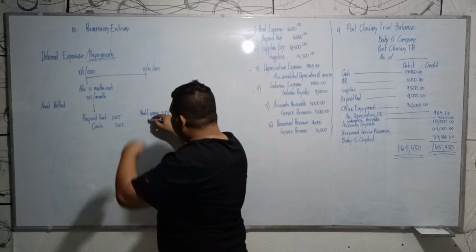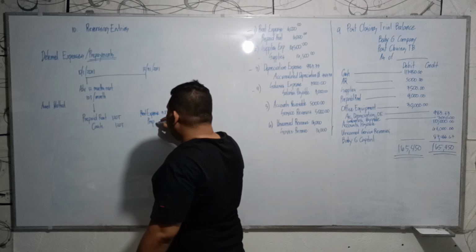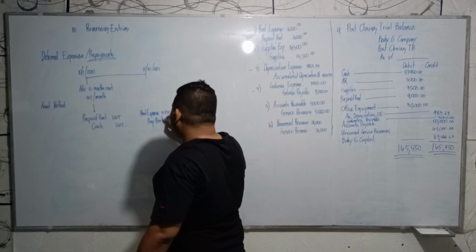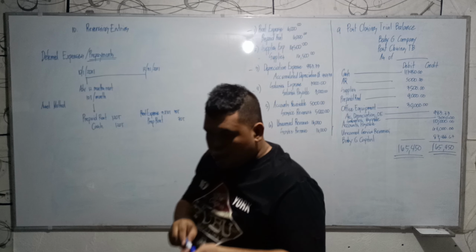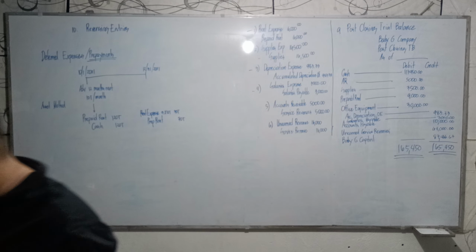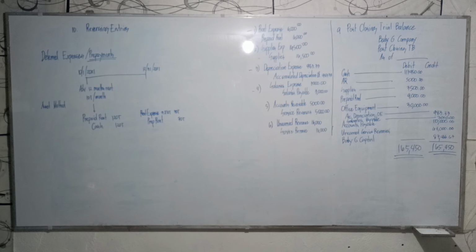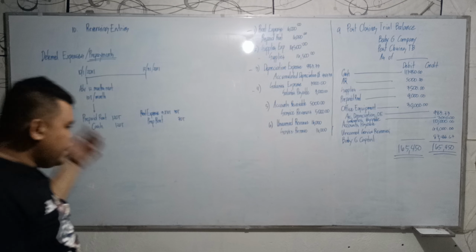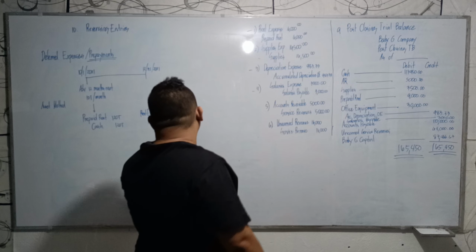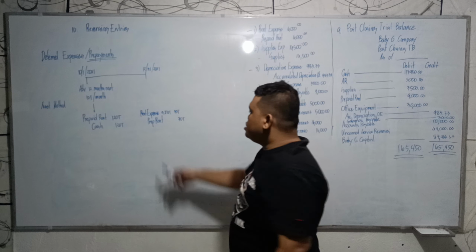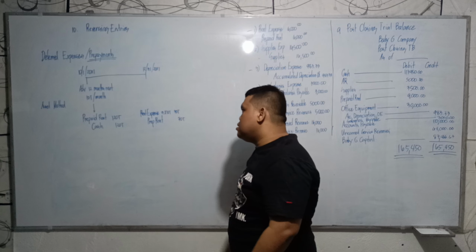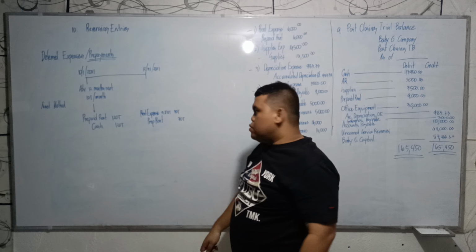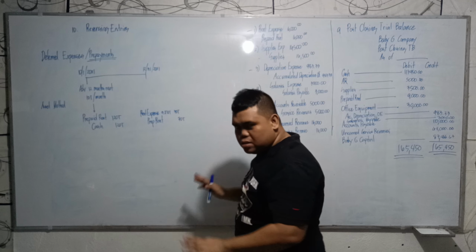And then, you have to credit the prepaid rent for 30,000. That's it. So if you are going to have the asset method, you recognize the advance payment as asset first, and then at the end of the year or at the end of the period, you have to recognize the expired or the expensed portion. Okay? So every year, it should be like that.